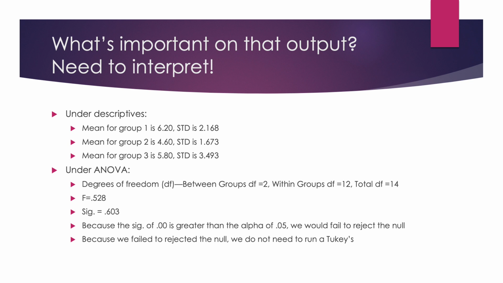The degrees of freedom between groups equals 2, within groups equals 12, and total equals 14. The F is 0.528. The significance is 0.603. Because the significance is greater than the alpha level of 0.05, we would fail to reject the null. And because we failed to reject the null, we don't need to run a Tukey's.